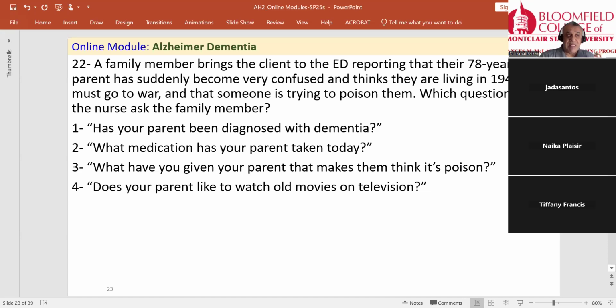Let's put the definition first. Dementia involves irreversible behavior changes that occur over time. Delirium is a sudden onset and is usually caused by an acute event.